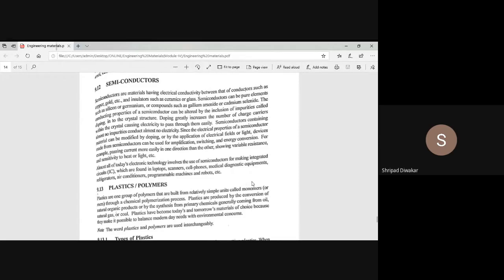So the components of semiconductors, you studied, are germanium or silicon. Mainly silicon is used as a semiconducting material. I think you studied this silicon material in the solar photovoltaic cell, where silicon is used. We have a p-type junction and n-type junction.